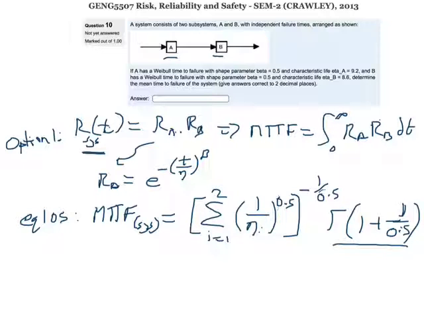So, we can just plug the rest of them in. So what do we get?